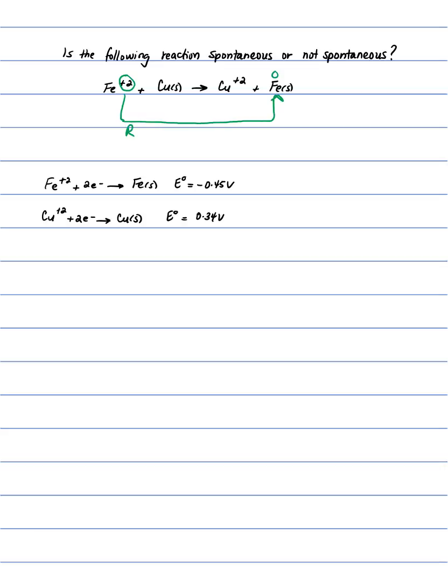That represents a reduction, which is what goes in the cathode. Copper 0 going to copper plus 2. That represents the oxidation, which is what goes in the anode.